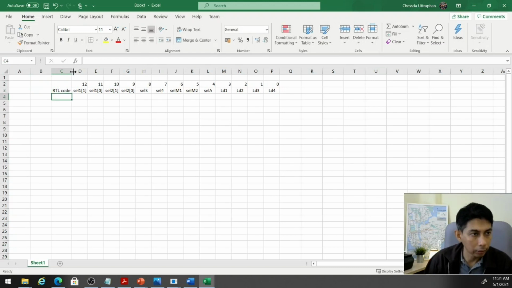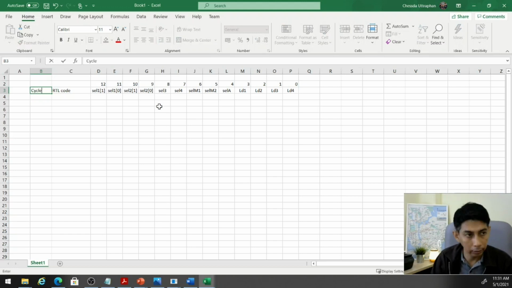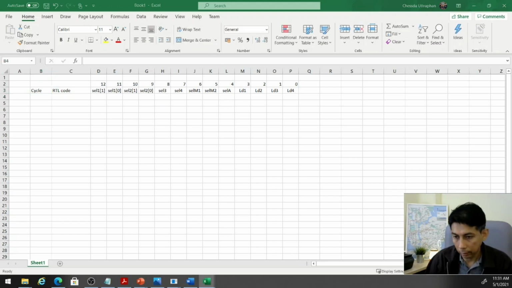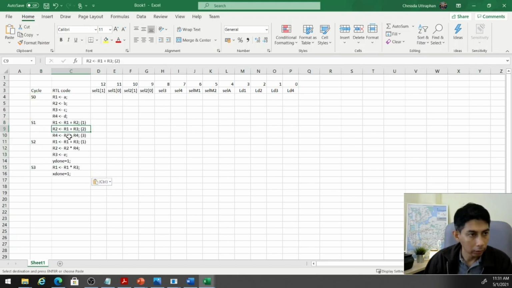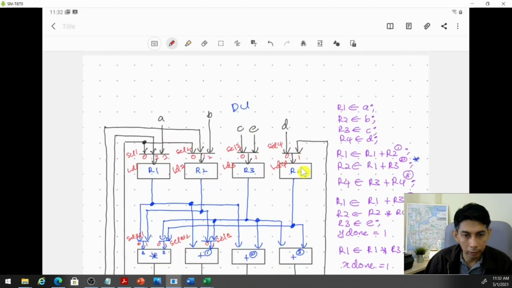So we have our RTL code, and here we have the cycle or state. So this is the RTL code that we have based on this.